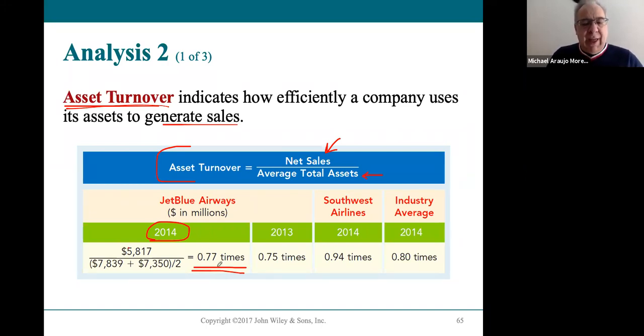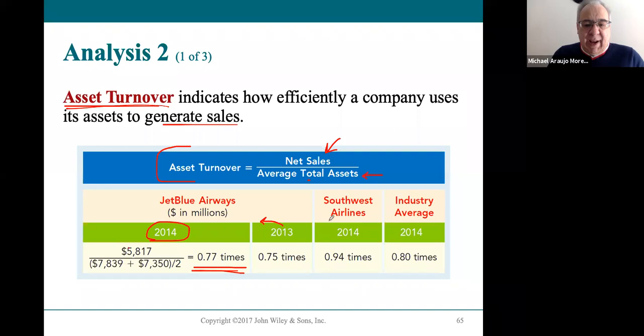One way you can look at this as well, and you can interpret it, is that for every dollar in total assets, they're generating about 77 cents in sales. Okay. Is that good? Well, we'll see. It's clearly better than it was the previous year because it was lower.